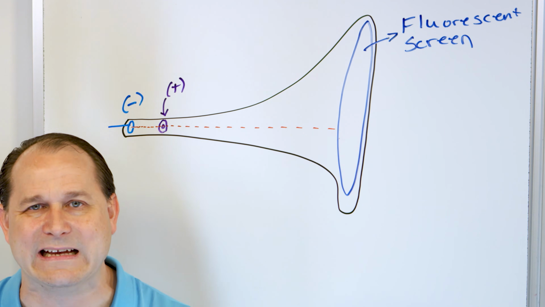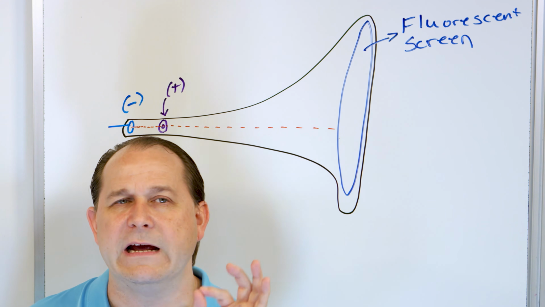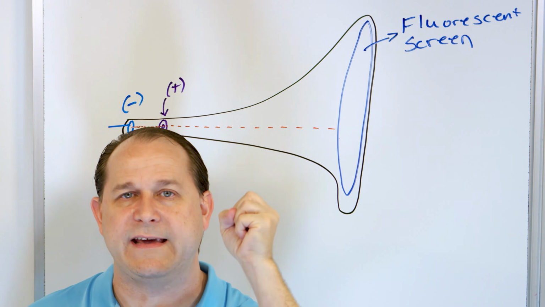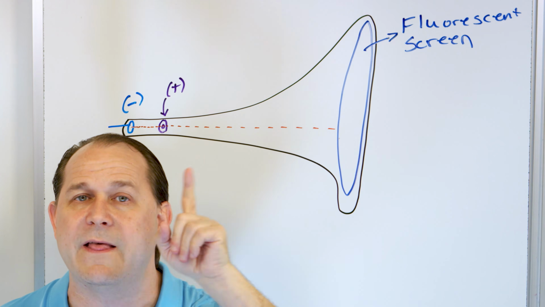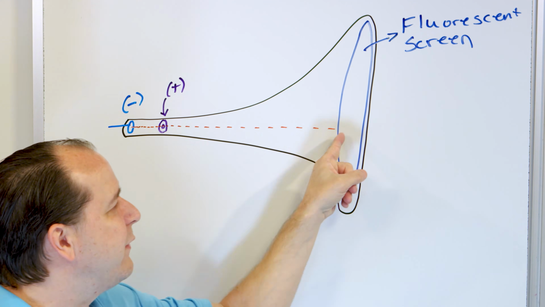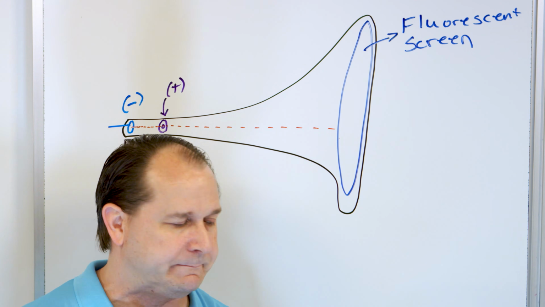Because you can't see the electron beam, right? You don't see an invisible beam of electrons, but what you do see is when the electron hits the screen, it kicks an electron up, which then decays back down, and a photon comes out, and that's what you see. So this fluorescent screen allows you to actually visually see where the beam is impacting the screen.